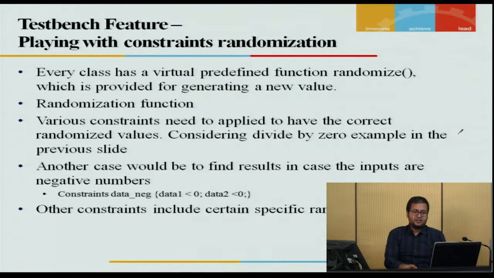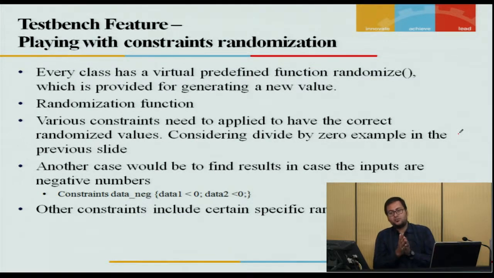Various constraints need to be applied to get the correct randomized value, considering the divide by zero example in the previous slide. If you're considering an ALU and you have to see whether division is performed correctly or not, then you need that constraint of divide by zero, so that the value is never generated.